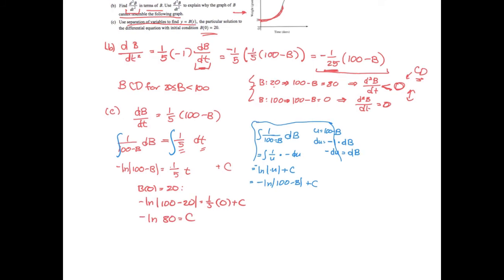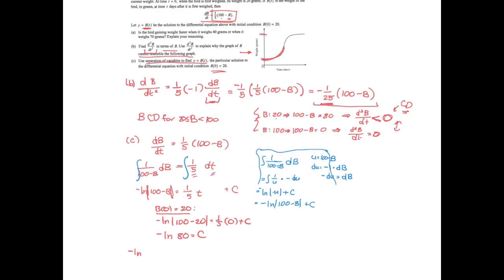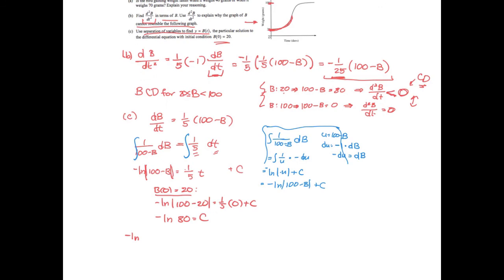So now we're left with negative ln, and I can take off the absolute value. I see 100 minus b for everything in between 20 and 100, which are my bounds. The absolute value of 100 minus b is just going to pop out the exact 100 minus b. So I'm going to just change that to ln(100 minus b).